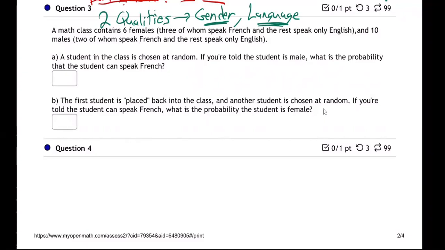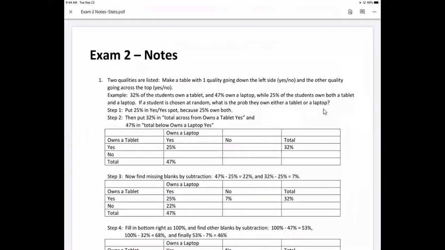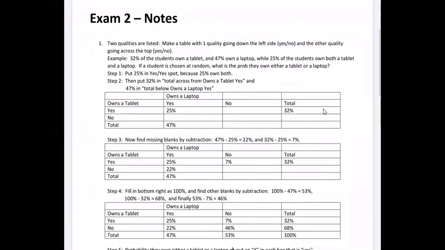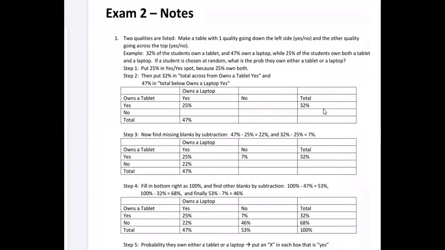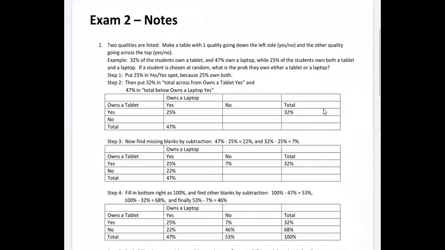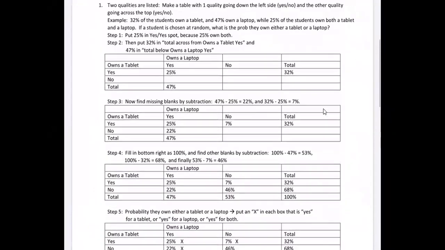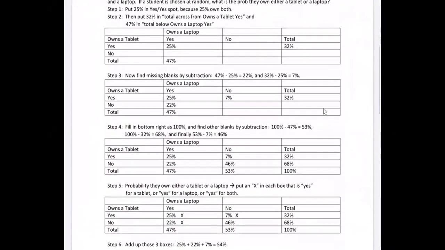Let me show you. Let me go back over to the notes. Here's the exam 2 notes that I provided for you. These notes are right on our course website. See the first thing up here? What do we do when they say 2 qualities are listed? Well, I give you this whole big table explanation for how you handle it.